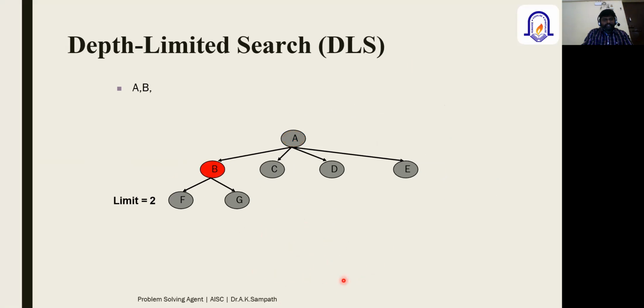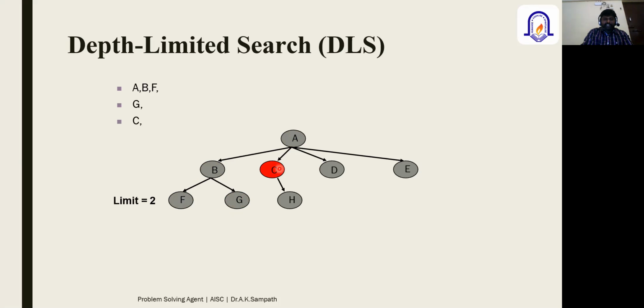So I was explaining, if I restrict my limit to 2, in that case root A will be expanded and its first left child, B, will be expanded and its children, F and G, will be visited further. These two are not the goal nodes, so it travels back to the root node A, and then C will be visited.